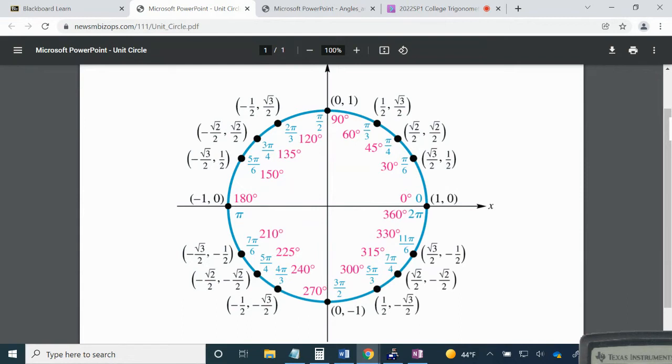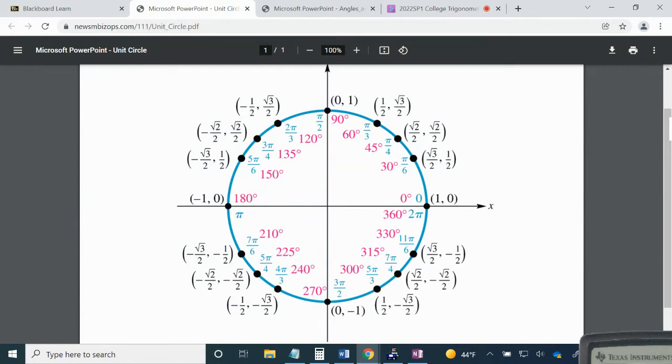The next thing you'll notice on the unit circle are the ordered pairs. For example, 30 degrees, which is pi over 6 radians, has the coordinates square root of 3 divided by 2, comma 1/2. So what does that mean?